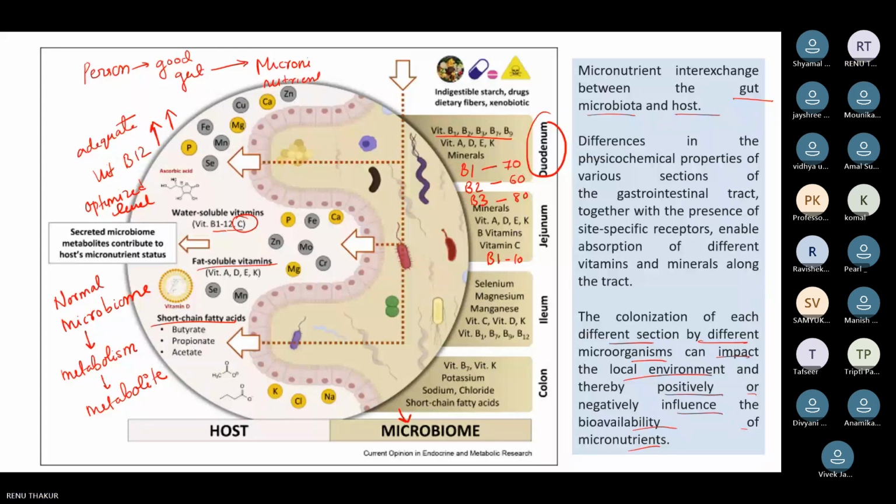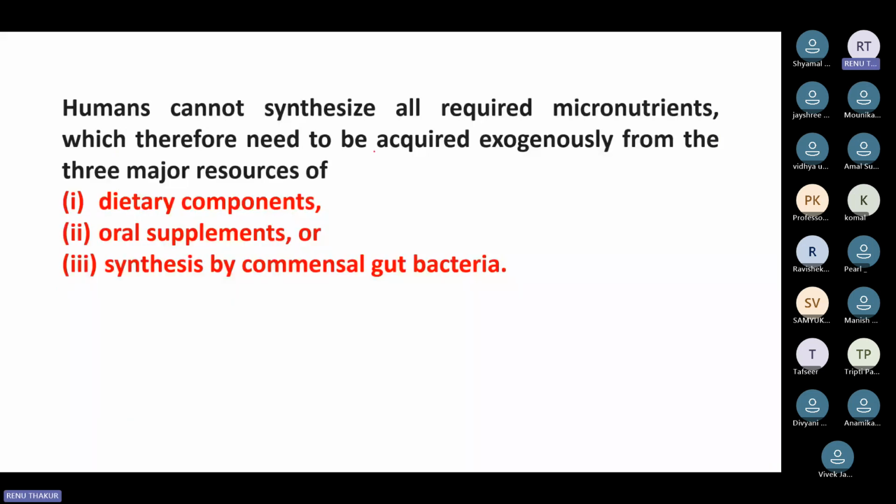So next, humans cannot synthesize all the required micronutrients, but they can synthesize them if the microbiota is there. The microbiota will be in the gut, so they will synthesize the metabolic products, and these will play a role in different functions.